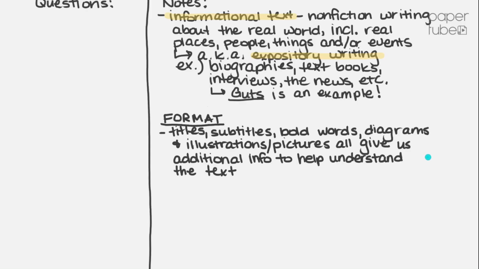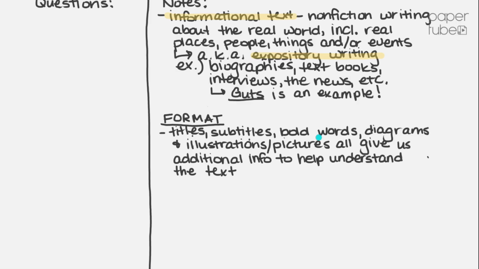Some of the text features that we see in informational text that we don't typically see in narrative stories are the use of titles and subtitles, which help us understand what we're reading about in a certain section of the text.